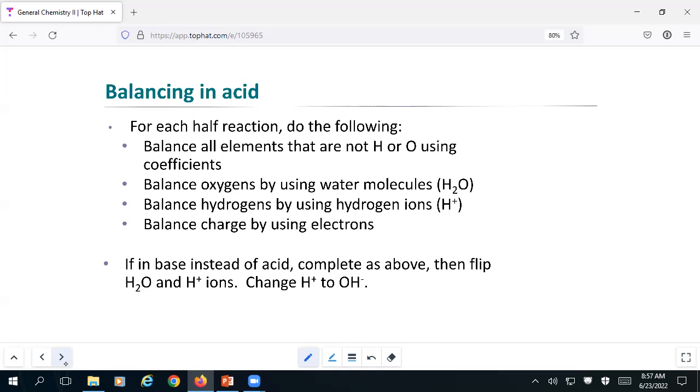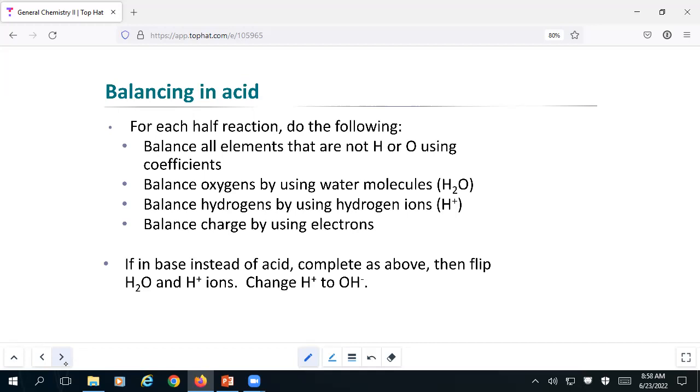The 2 in the I2 and a coefficient of 2 in front of the iodide to give me 2 iodine atoms. So that's the first part that we have to do. Now, not every half reaction is going to require that step. It just depends upon what it is that we are looking at.